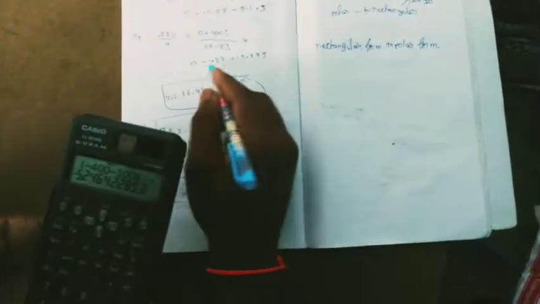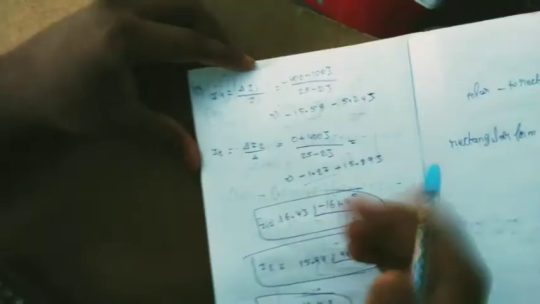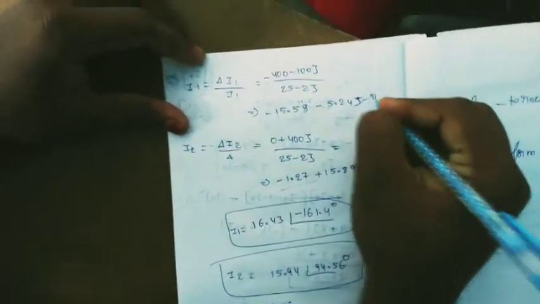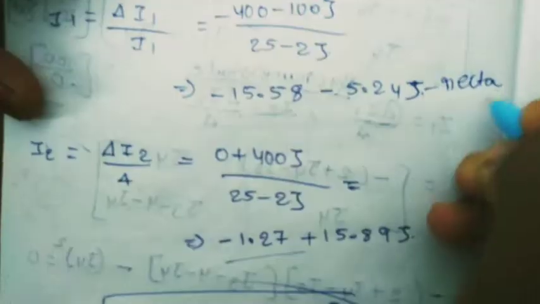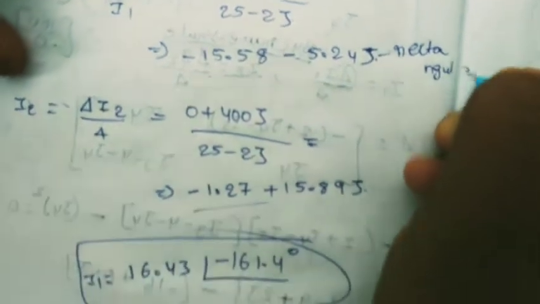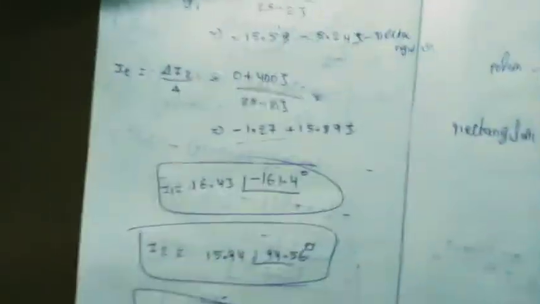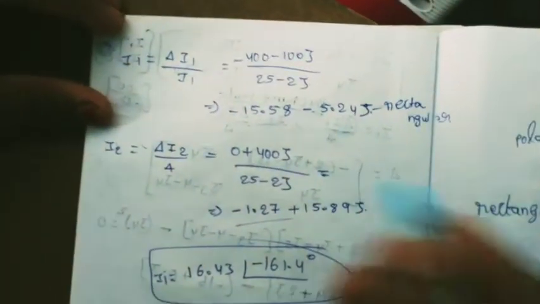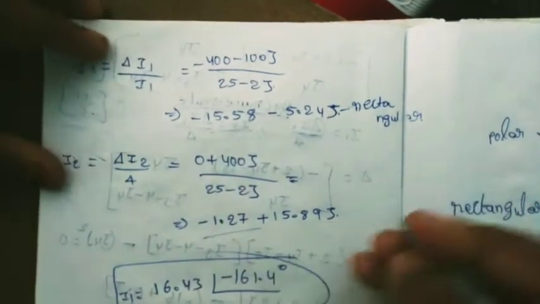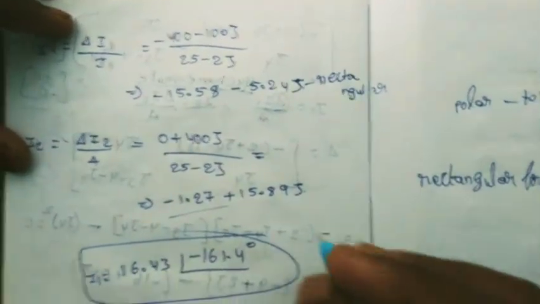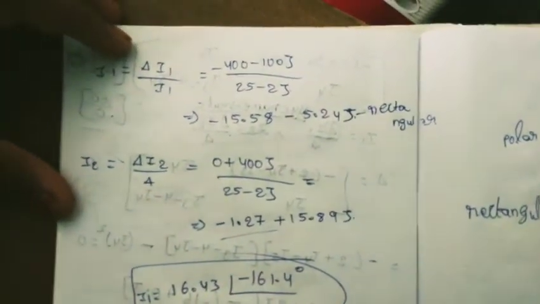Okay, so we have to do this for the I2 value also. Here one thing, it is in rectangular form. So simply by changing this rectangular form into polar form, in polar form the magnitude is the required I1 value.